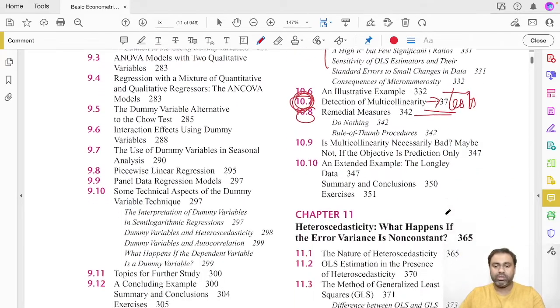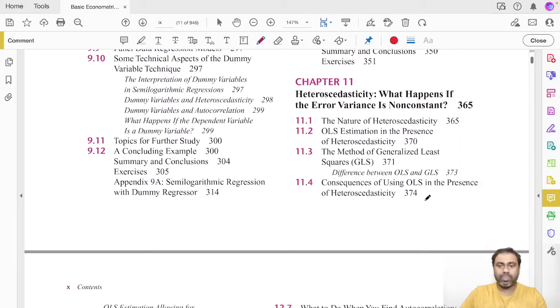You need to go through this. Okay. Again, heteroscedasticity, 11.3 is important, the difference between OLS and GLS, ordinary least squares and generalized least squares. 11.2, estimation, is just a single page, so you can go through it.